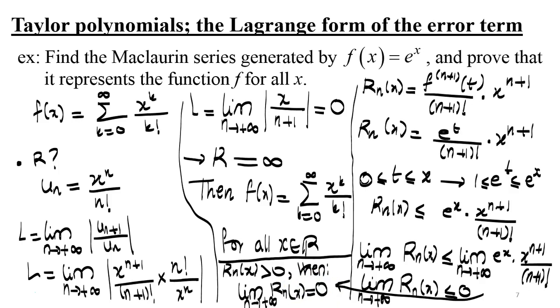So having the remainder of the Taylor polynomial having a limit at infinity equal to 0, it means that over R, since the interval of convergence is all R, f of x is well approximated by this Maclaurin series. So that is it for this lesson.